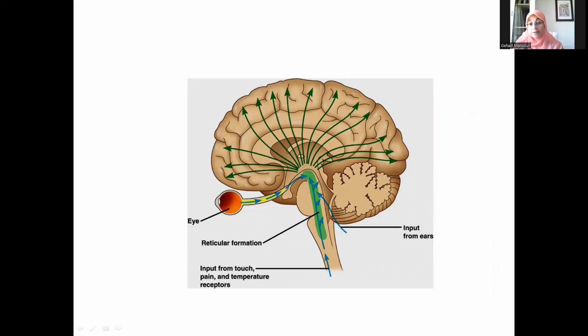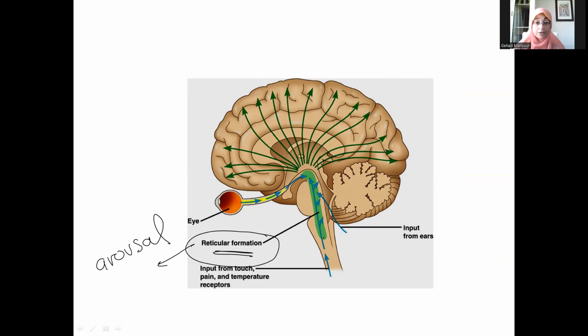Here is something very important. We always say that the medulla, as you know, has the breathing center and the heart center, the center for sneezing, center for coughing, center for swallowing. But the medulla and the pons both have a group of neurons called the reticular formation. The reticular formation is responsible for arousal. If the reticular formation is not working, or if you take general anesthesia that suppresses the cortex of the brain and the higher centers, you will not be conscious.